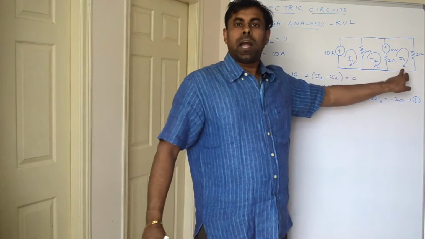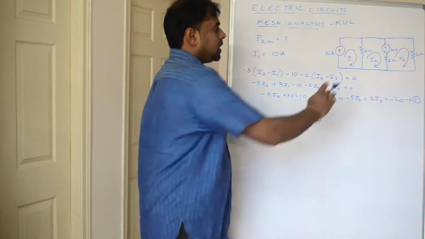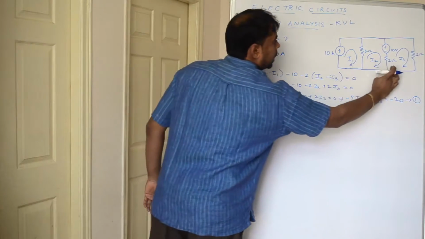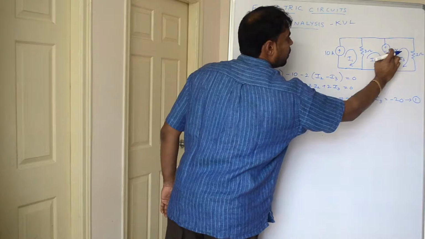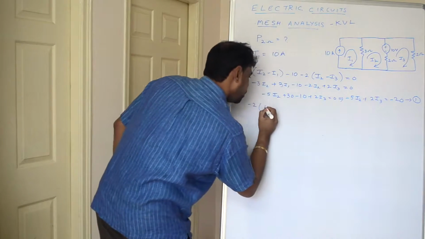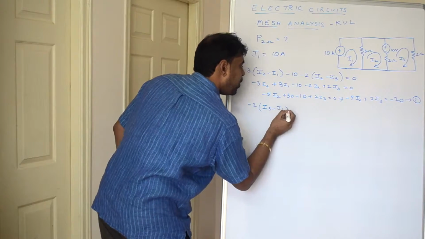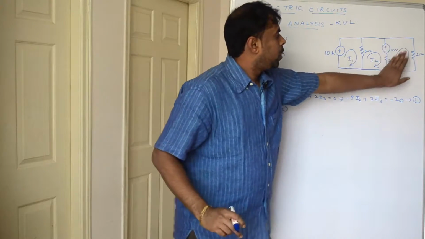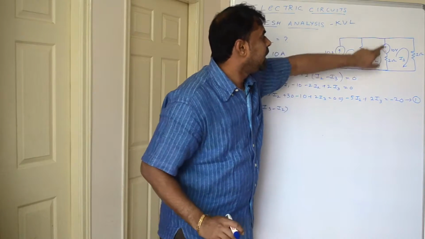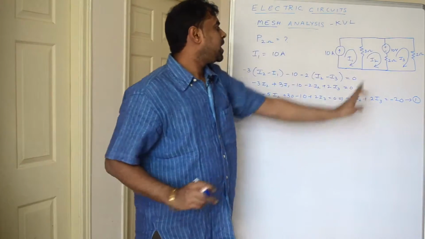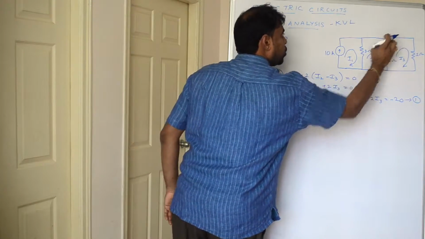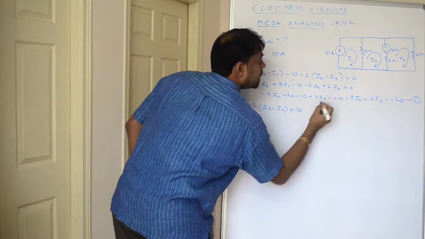Similarly, I am going to apply KVL in the third loop. So it will be minus 2 into this. I am starting from here. Always there will be a drop. In this direction the current is I3 minus I2. I am moving from bottom to top. So the current flowing from bottom to top in this branch is I3, whereas the current flowing from top to bottom is I2. Next, in this source I am moving from positive to negative, so there will be a rise.